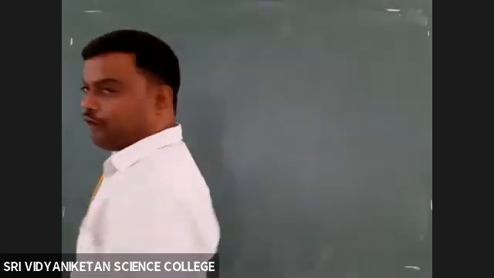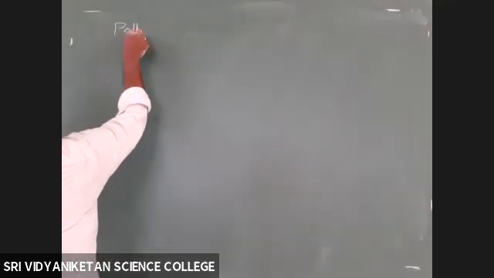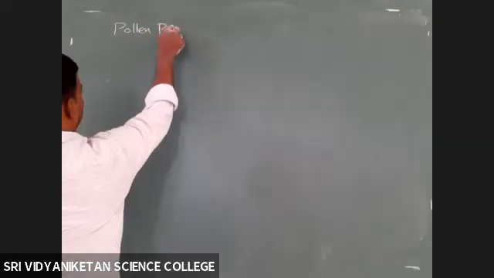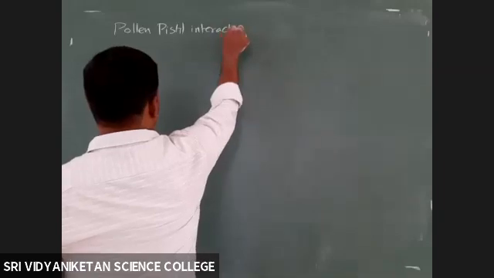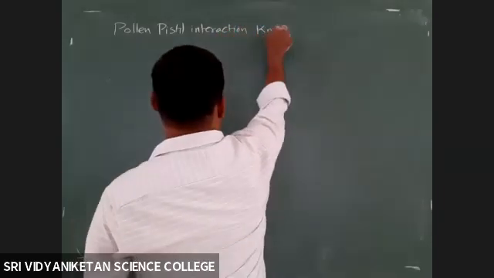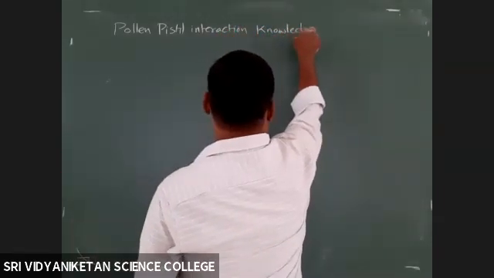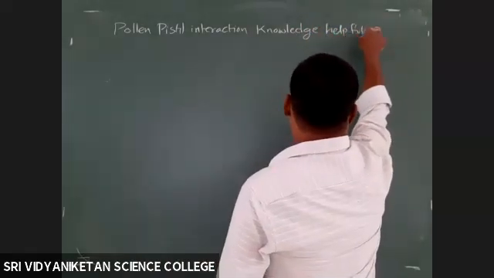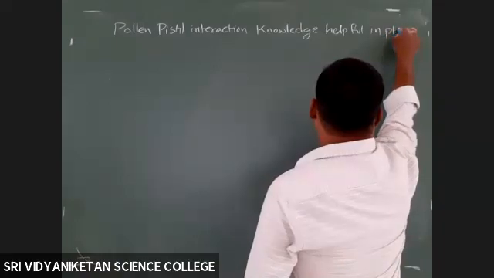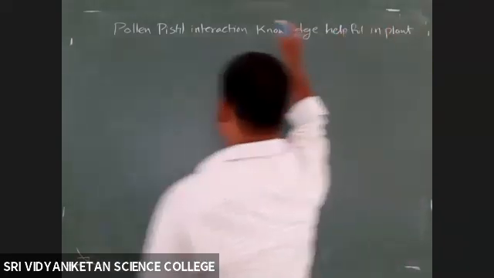The process of artificial hybridization is conducted with 4 steps, and these 4 steps are due to knowledge of plant pollen-pistil interaction. This knowledge is helpful in plant breeding programs.